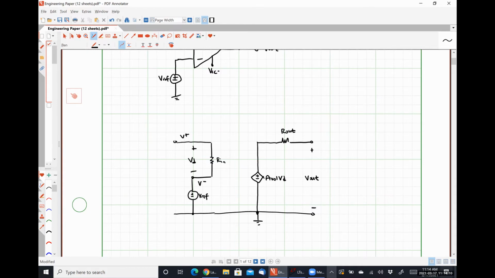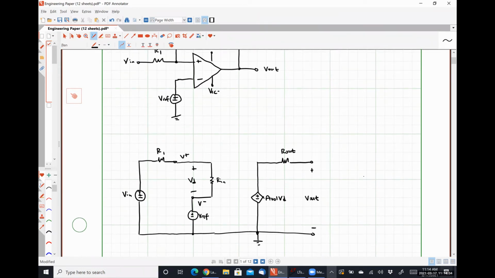Between my non-inverting input terminal and ground, I have my resistance R1 in series with my voltage Vn. And I have feedback from my inverting input terminal here to my output terminal here, comprised of resistor R2.